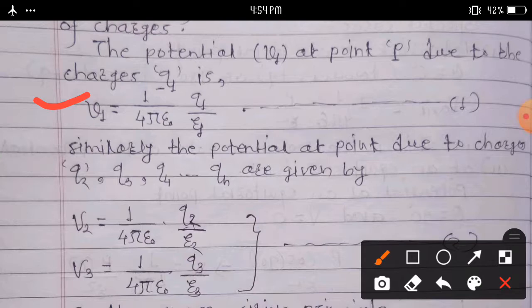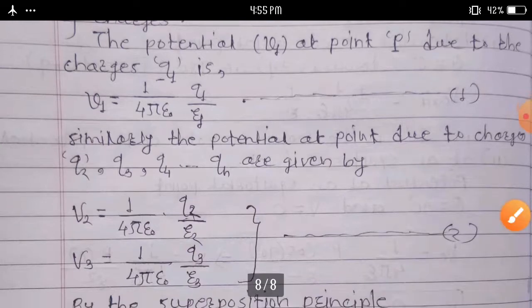Similarly, we can find potential at the point due to charges q2, q3 up to qn: V2 is equal to 1 upon 4 pi epsilon naught q2 upon r2, and V3 is equal to 1 upon 4 pi epsilon naught q3 upon r3.